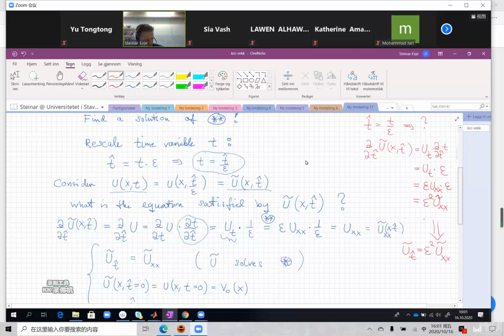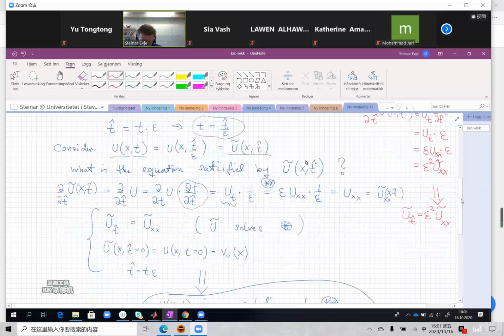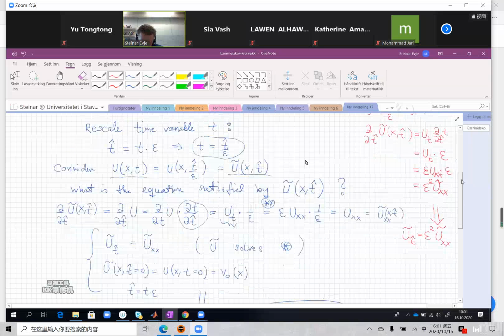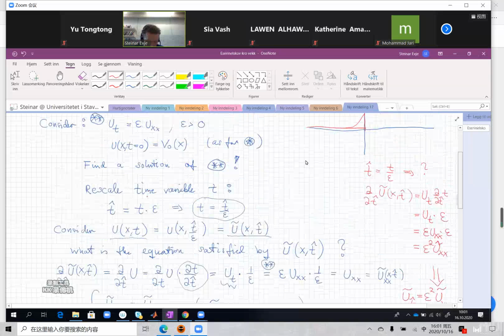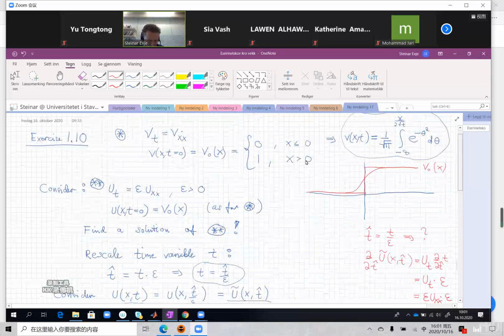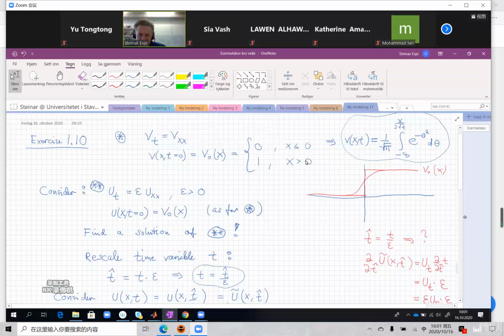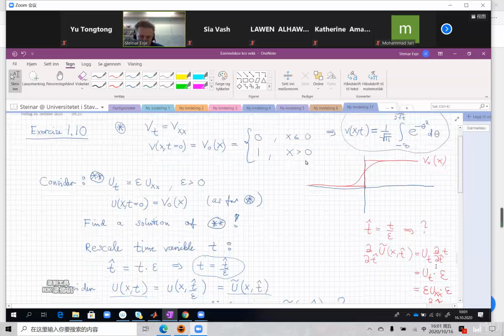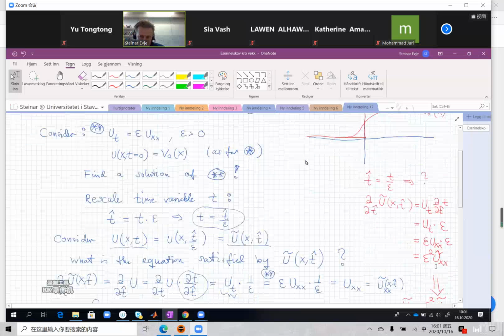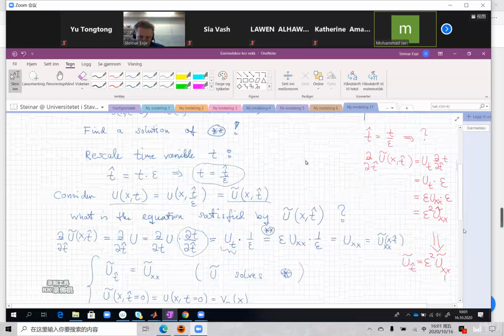So it didn't help us to link or transform this problem to a problem without epsilon. This would be correct, but it wouldn't help us to formulate the solution for u tilde. Okay, thank you.